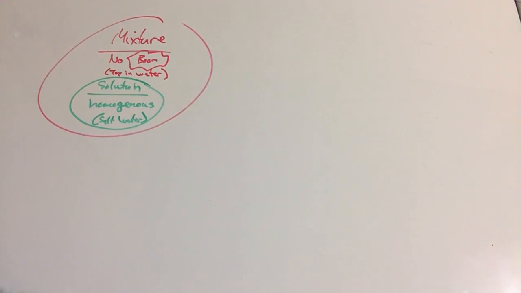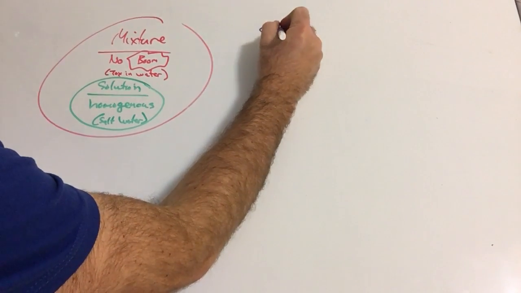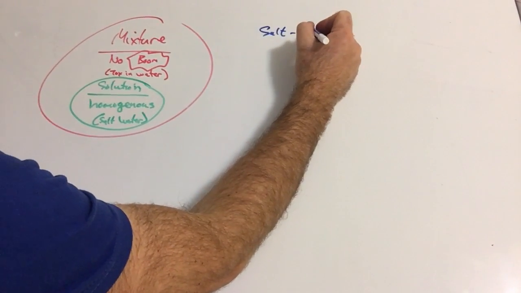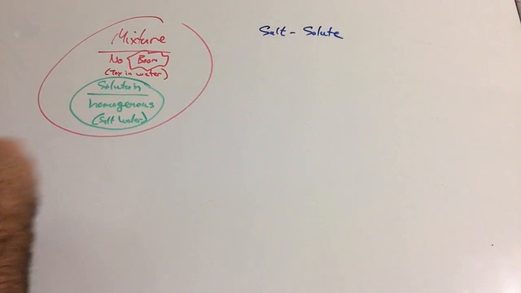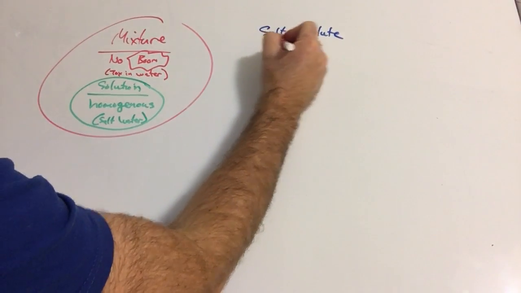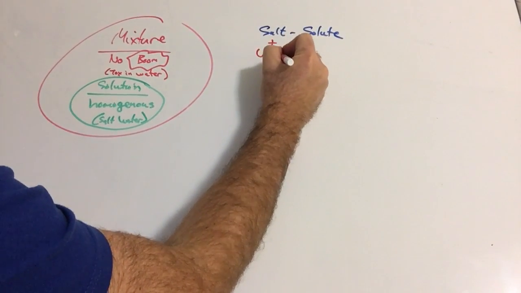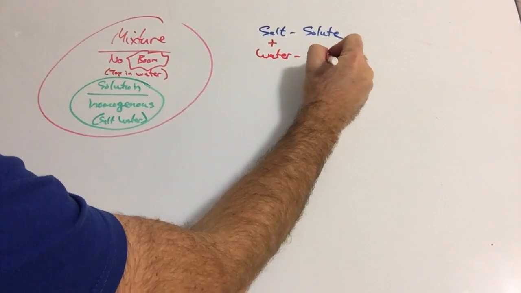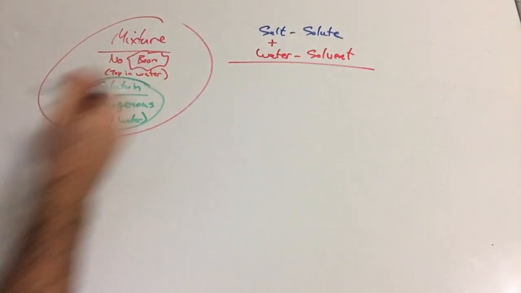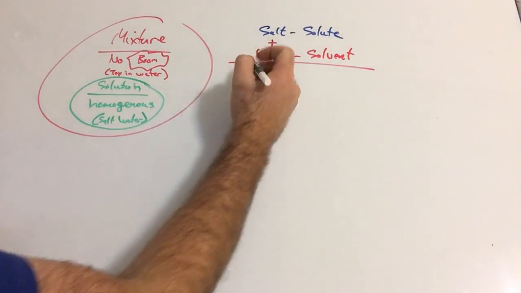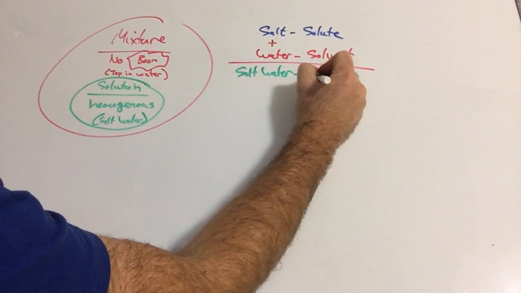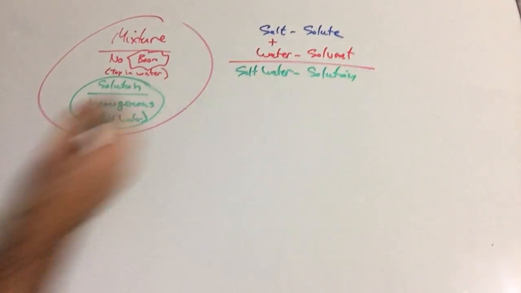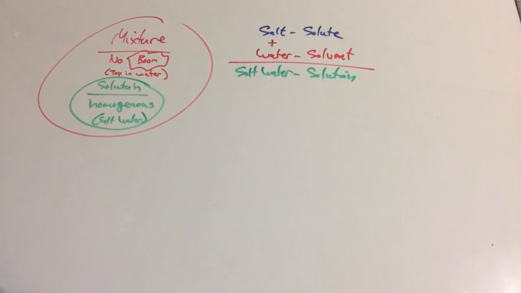And then we talked about solute, solvent, and solution. So salt, which there is less of, is a solute. Plus water, which there is more of, is the solvent. Gives you salt water, which is the solution. Then we talked about soluble and insoluble.